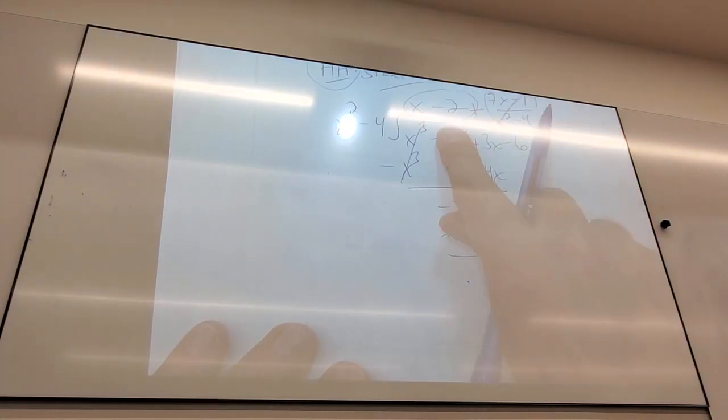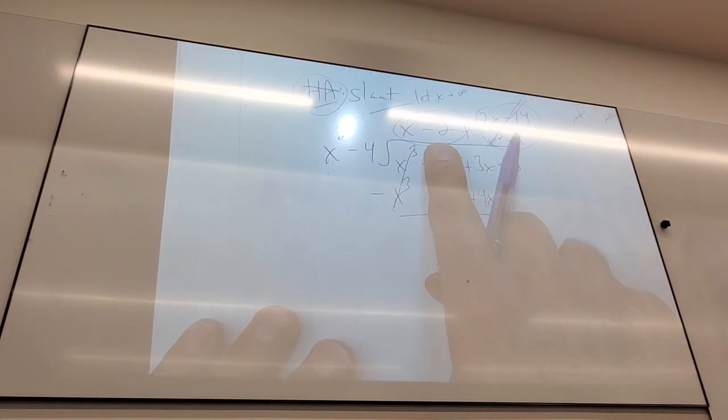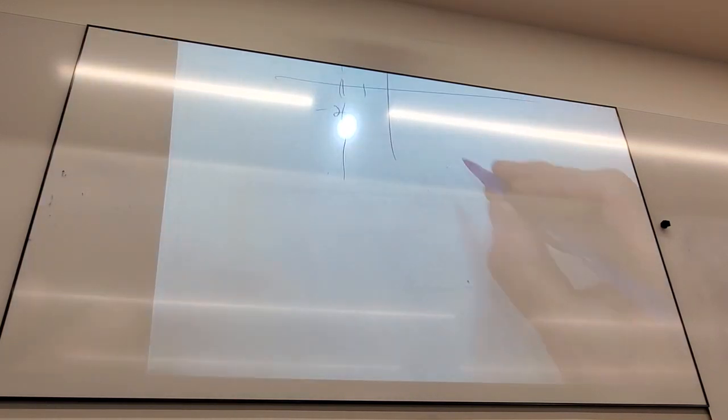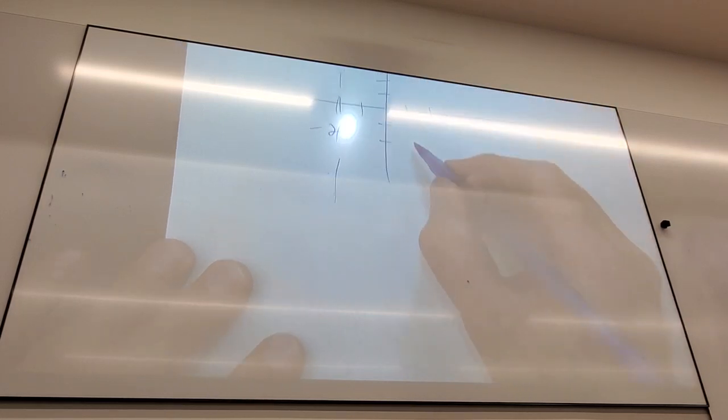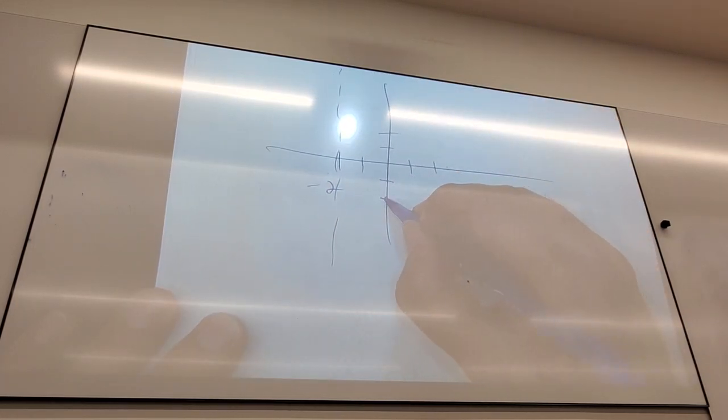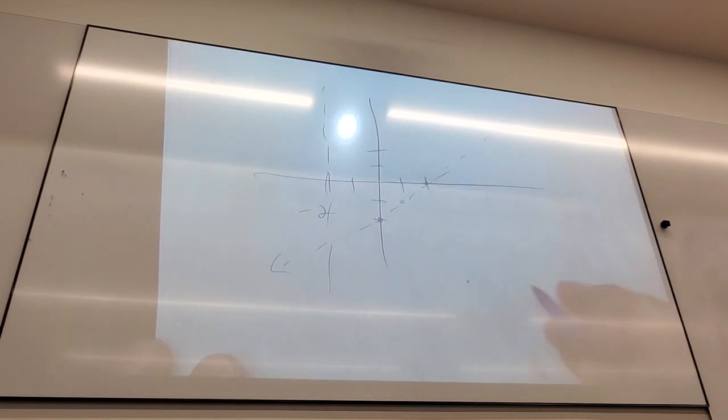I've got a slant asymptote of x minus 2. So I got to graph that thing. So x minus 2 is there, and then it's got a slope of 1, so it's going to look like this. Let me stop for a minute.